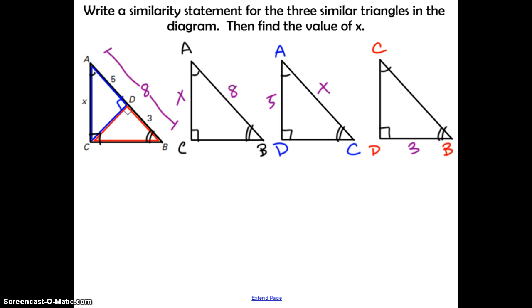Now, let's look carefully at the information that we have, because we need to set up a proportion. We have a measurement here and here. We have one here and here, and we also have one here.